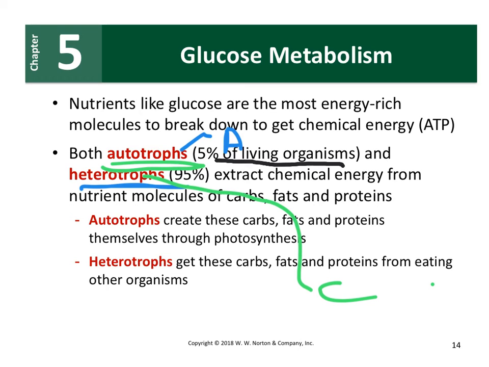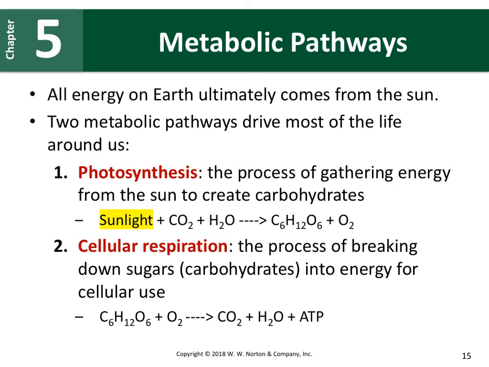The ones that produce are called autotrophs, and they create carbohydrates, and they do this with photosynthesis. Then heterotrophs take those carbohydrates and break them down into simpler sugars that are then turned into ATP, and are also used to make fats and proteins and things like that. Okay, this is as far as we went.